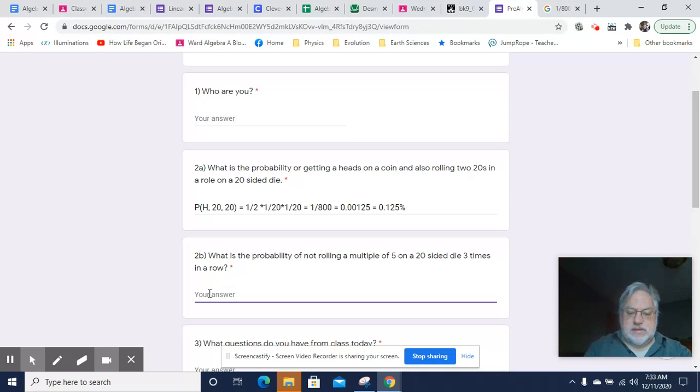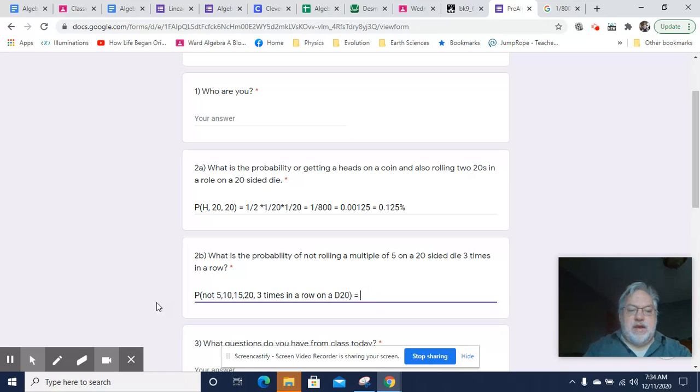So basically, this is the probability of not 5, 10, 15, or 20, 3 times in a row on a D20. That's not the formal language, but I'm giving it descriptive language.